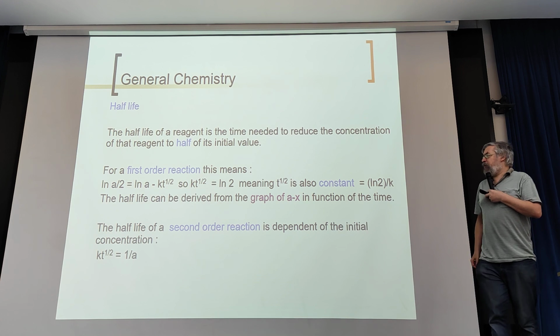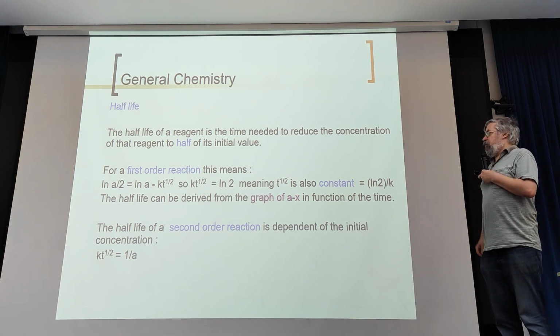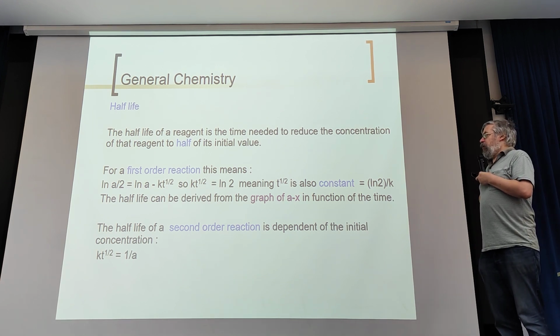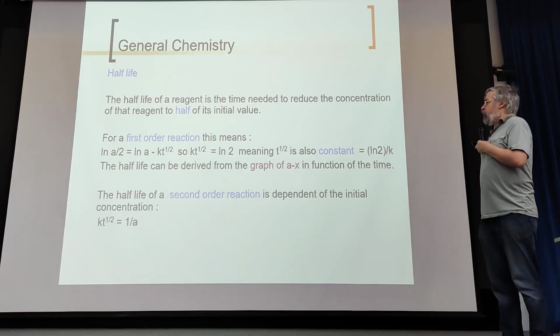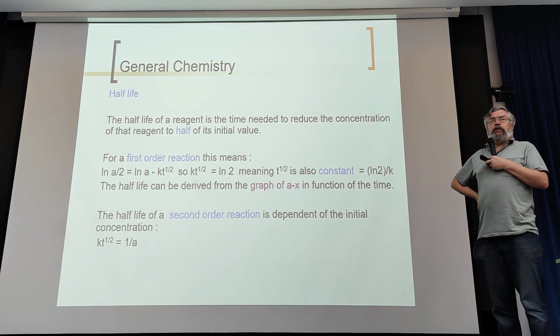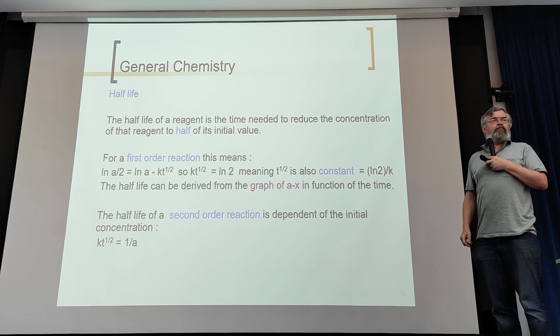And so in this case the half-life is 1 over k times A. So it's actually dependent on the initial concentration, and it's going to be non-constant because the concentration of course changes as we go.